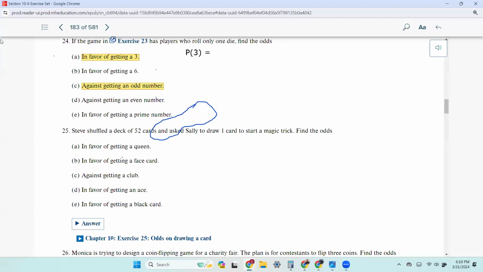So that's 2 over 36, and we've got to simplify it. 1/18. All right.